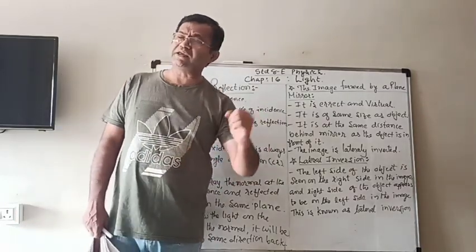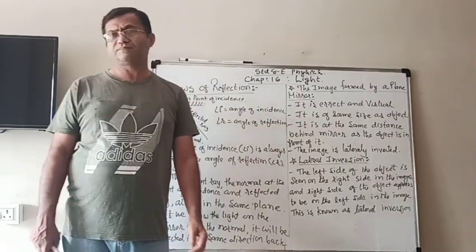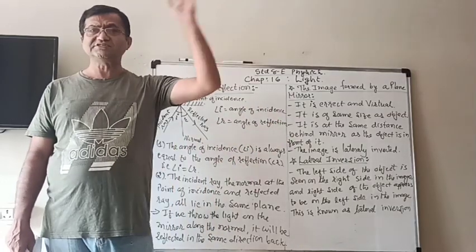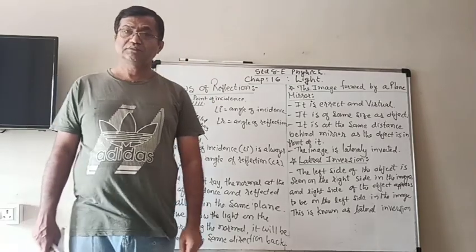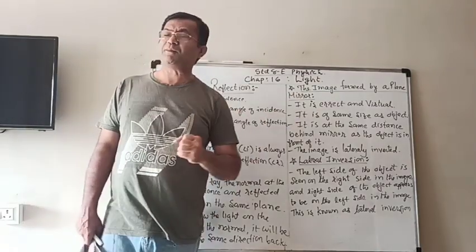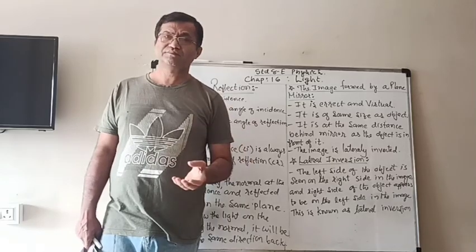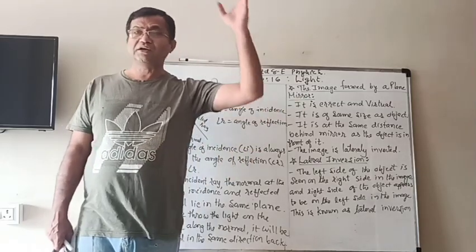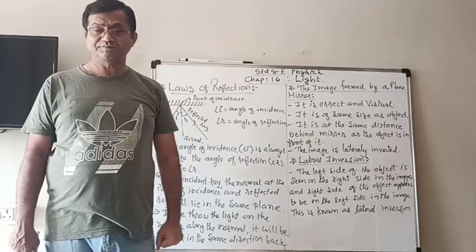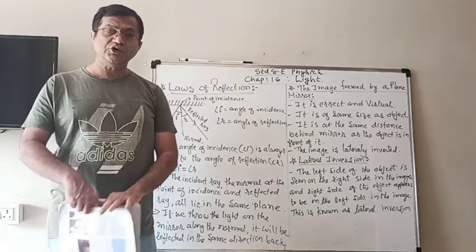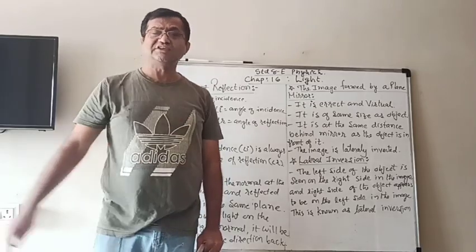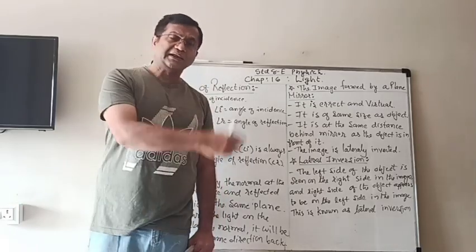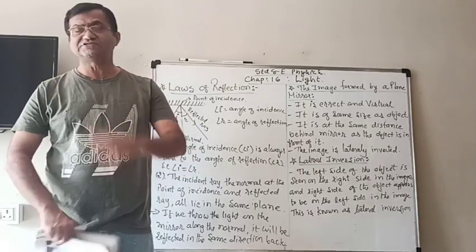Try again: stand in front of the mirror and raise your left hand. If you notice properly, you will see that the right hand in the image is raised up. And if you raise your right hand, it will seem that the left hand in the image is raised up.